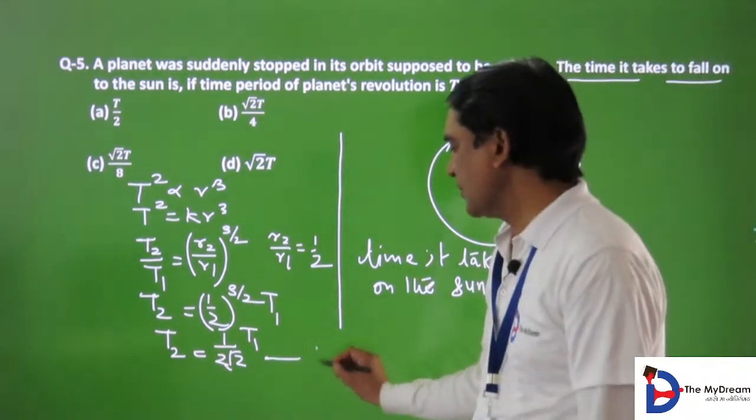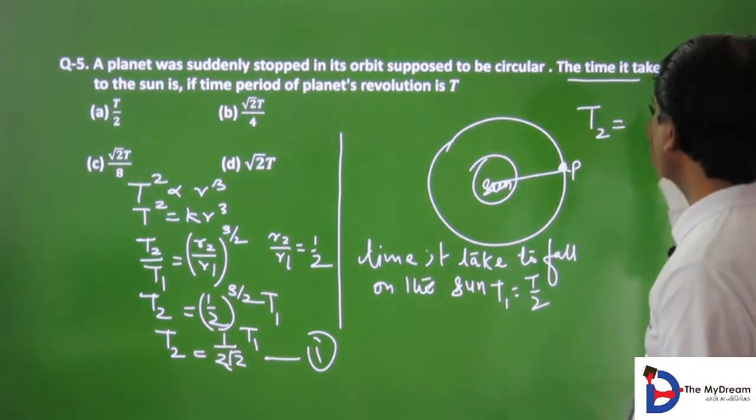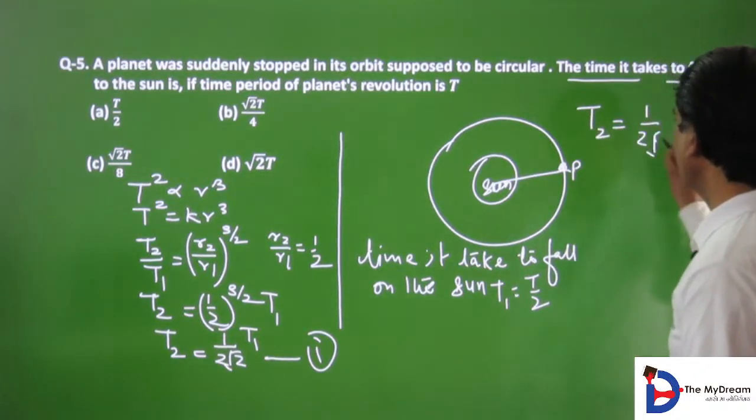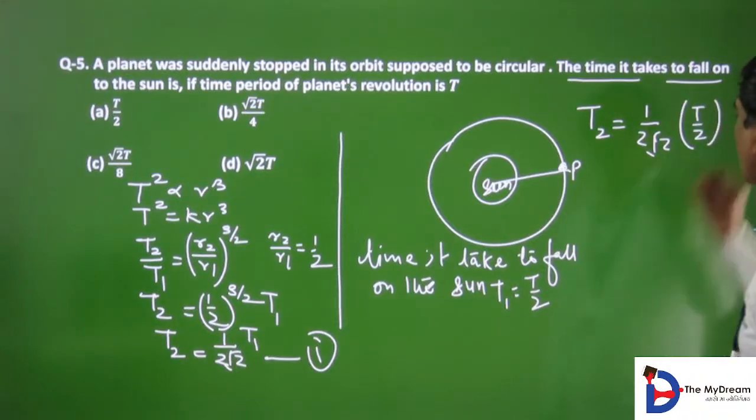So in place of this T1 you can write T2 is equal to 1 upon 2 root 2, and that is T by 2.